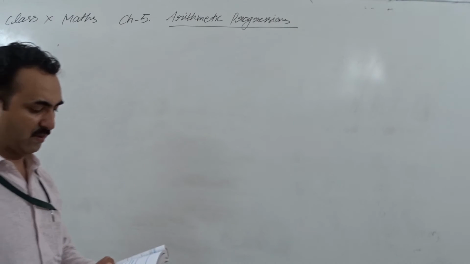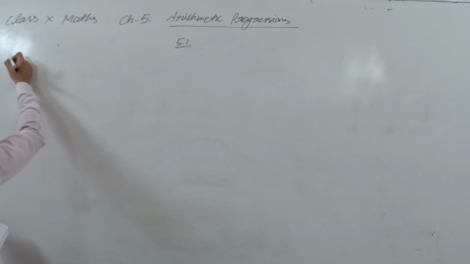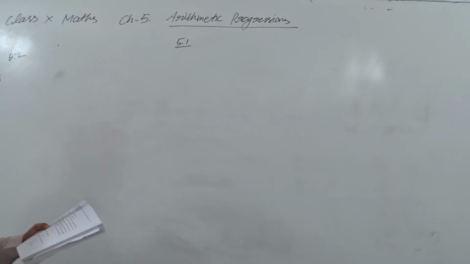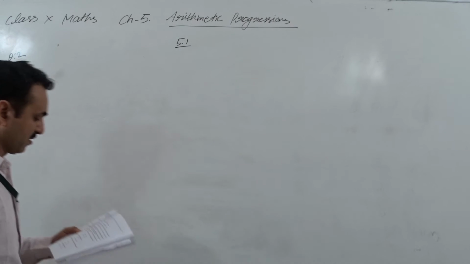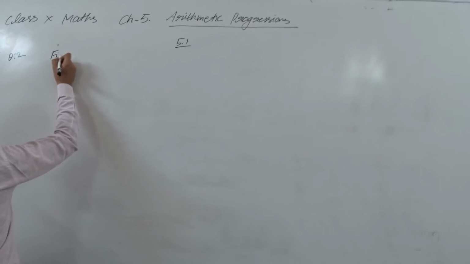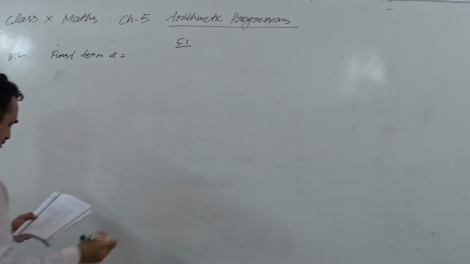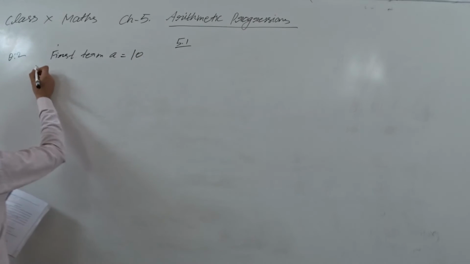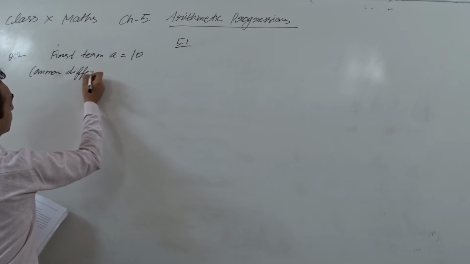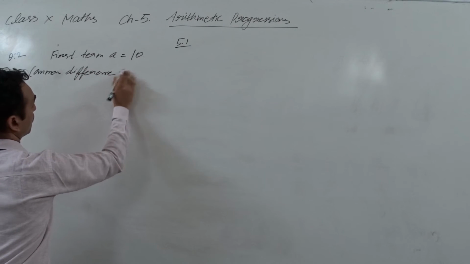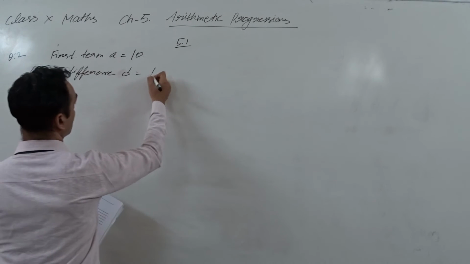We have to make the AP. Question number 2 of exercise 5.1. Write the first 4 terms of the AP when the first term is A and the common difference is D. First term A equals 10 and common difference D is also 10.